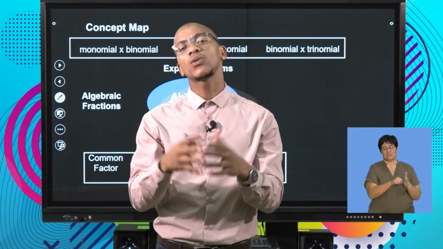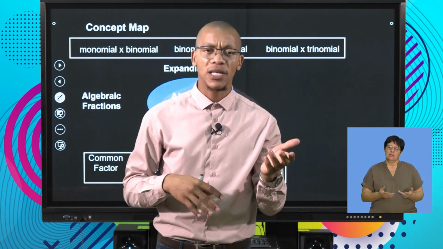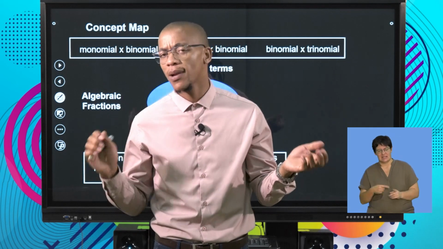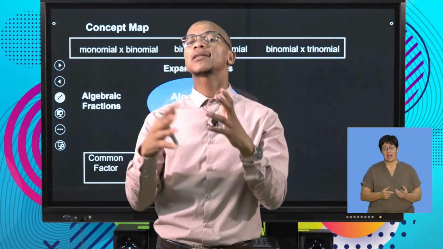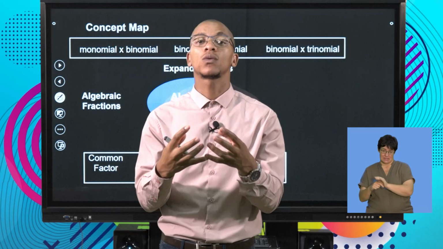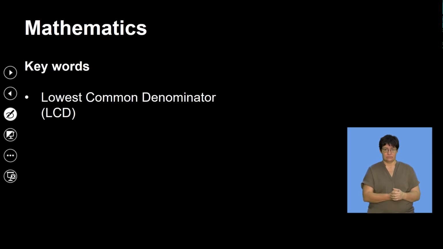So now we're going to look at some fractions. It will be adding, dividing and multiplying fractions. Remember, the opposite of adding is subtracting, right? But let's look at some key words before doing some fractions. So firstly, we have what you call the lowest common denominator.